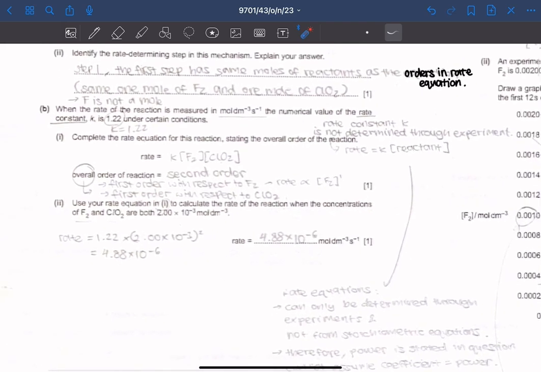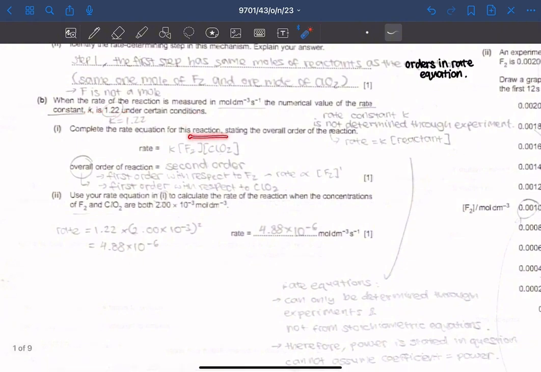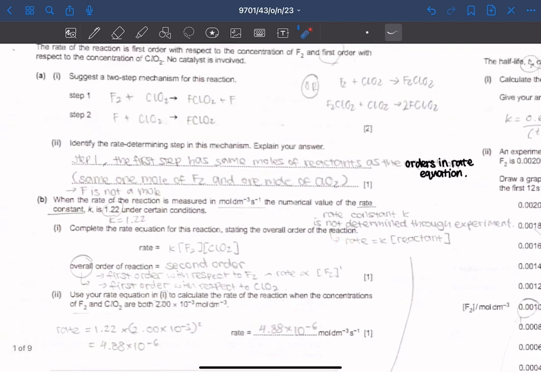Next. When the rate of the reaction is measured in mole per dm cube per second, the numerical value of the rate constant k is 1.22 under certain conditions. Complete the rate equation for this reaction, stating the overall order of the reaction.